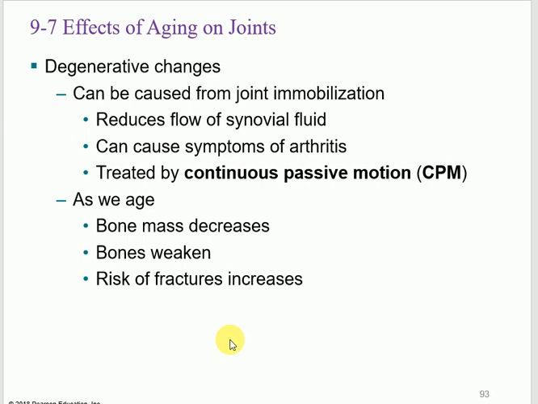The other thing is if you don't move a joint, you're going to lose the mobility of that joint. This is like if you're injured and you completely don't move, like in my case, I got my LCL injured. If I don't move at all, the joint mobility will decrease. It can go to the extent that I can barely move it.